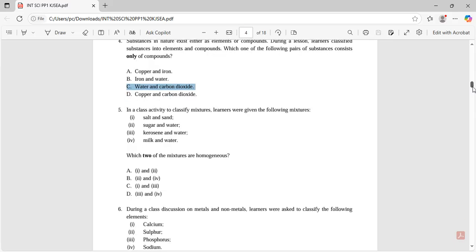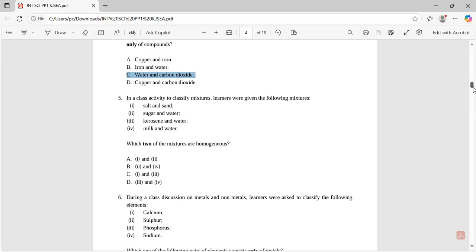So number 5, a class activity to classify mixtures. Learners were given the following mixtures: salt and sand, sugar and water, kerosene and water, milk and water. Which 2 of the mixtures are homogeneous? Homogeneous, remember we said the ones that make uniform mixtures. Salt and sand, no uniformity. Sugar and water, somehow. Kerosene and water, heterogeneous.